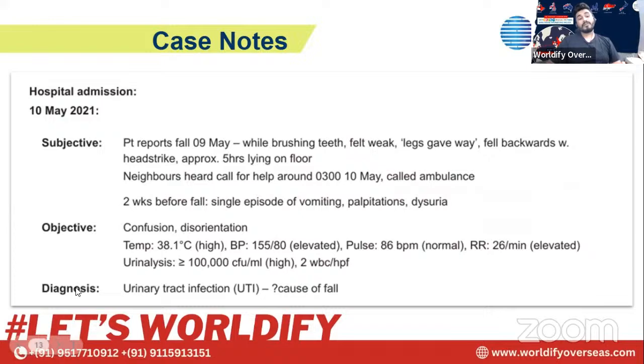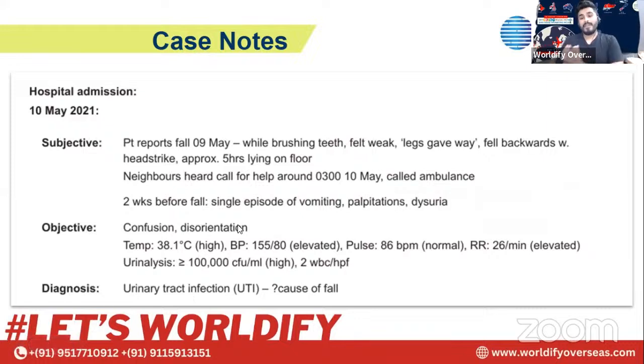Hence, the diagnosis is urinary tract infection, UTI. And maybe that is the reason for the fall, that's a questionable thing, but maybe he fell because of the infection, because the infection is diagnosed.